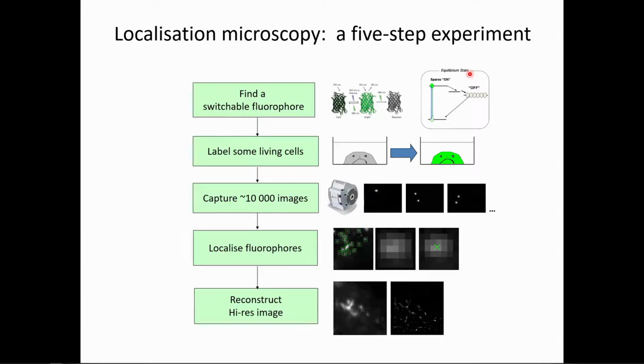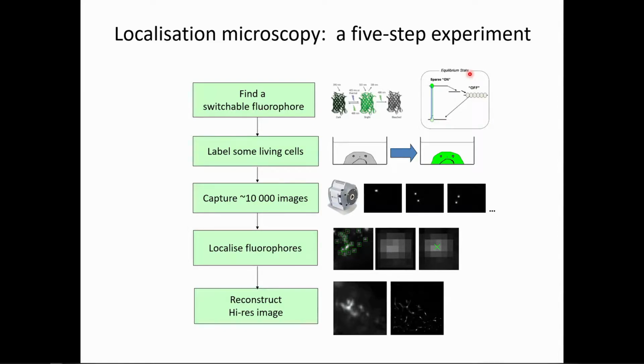I should say that the result is better resolved than lambda over 2NA. I should also say that you need to be careful in interpreting these images, in the sense that you always need to be aware that what you are looking at in the super resolved image, in the single molecule localization microscopy image, is not the sample information directly.